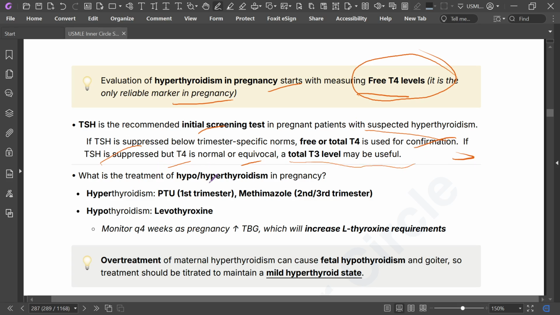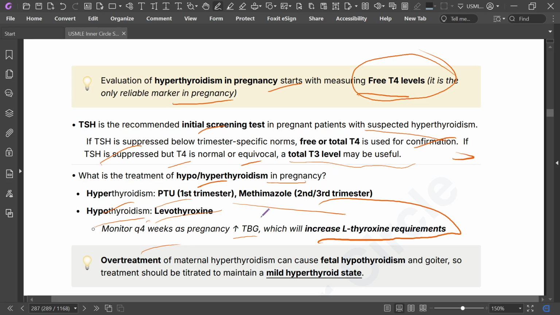What is the treatment of hypo or hyperthyroidism in pregnancy? Hyperthyroidism: PTU in the first trimester, methimazole in the second and third. Hypothyroidism: levothyroxine. Monitor every 4 weeks.